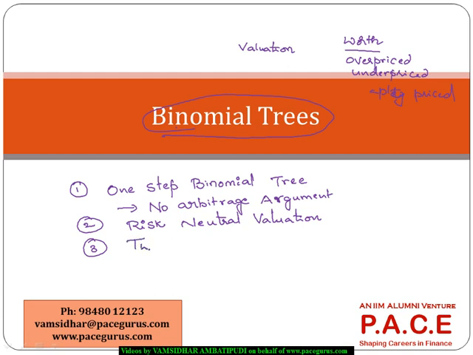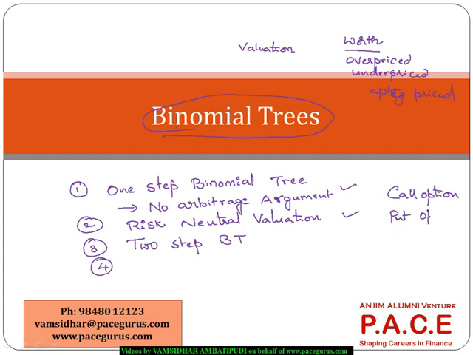Once a comfort comes on the one-step binomial tree, then I'll talk about the two-step binomial tree approach. What is the kind of difference we bring out compared to a one-step binomial tree approach? These two kinds of scenarios I would work out both for evaluating a call option's price as well as for a put option.